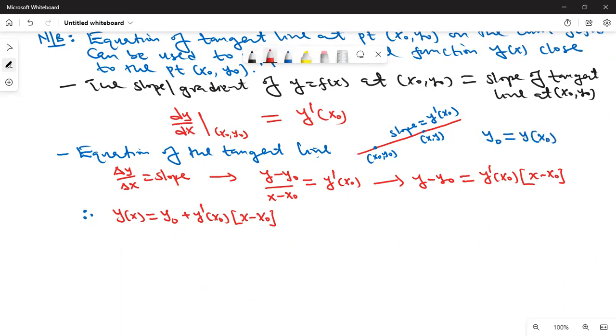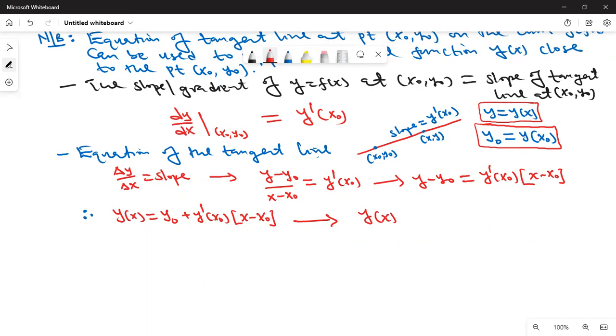So when I make that substitution, instead of y naught, I'm going to write y of x naught. And I told you that also the y here is a function of x. So instead of y, I'll write y of x. It's also very important.